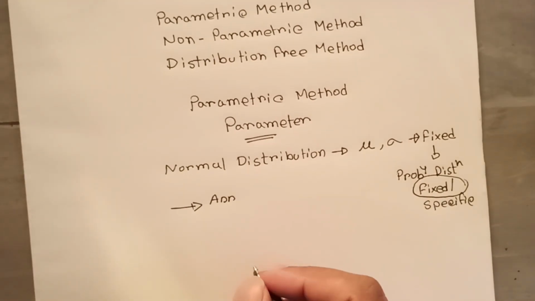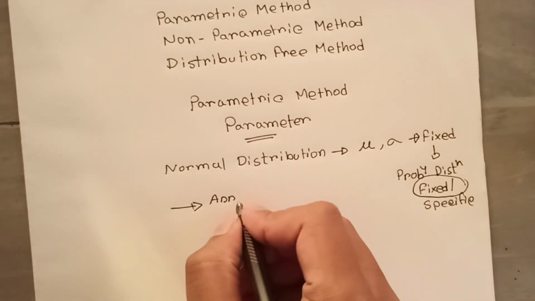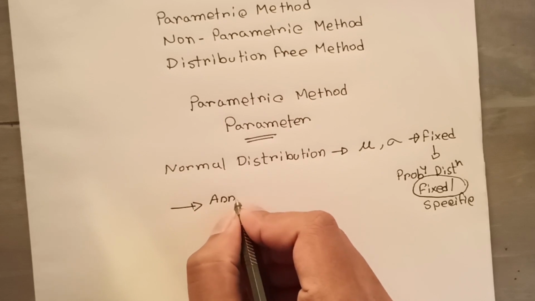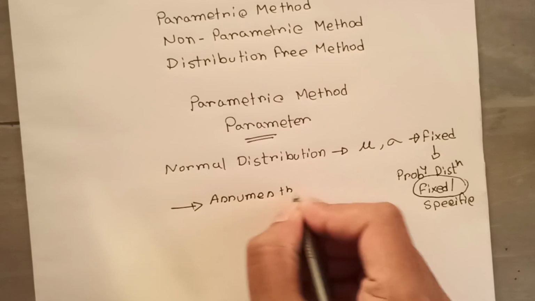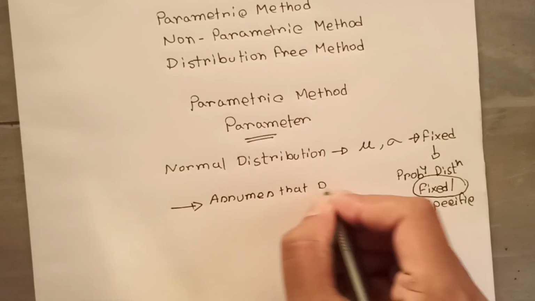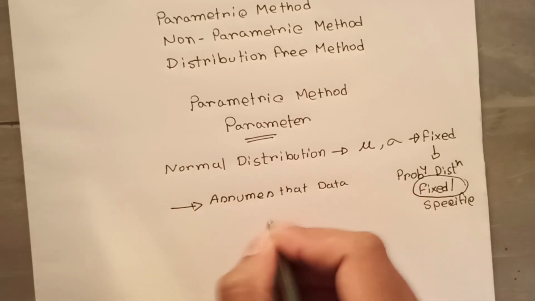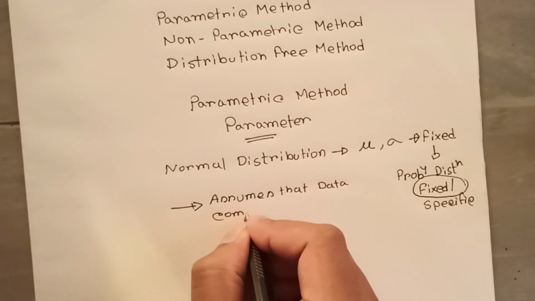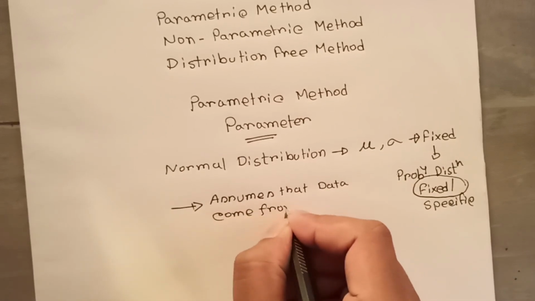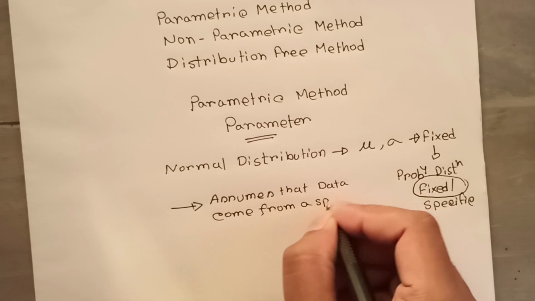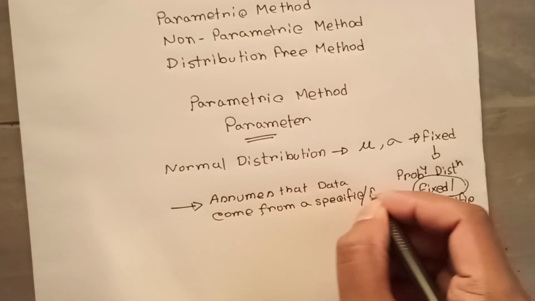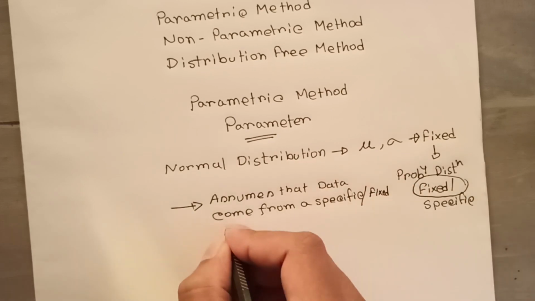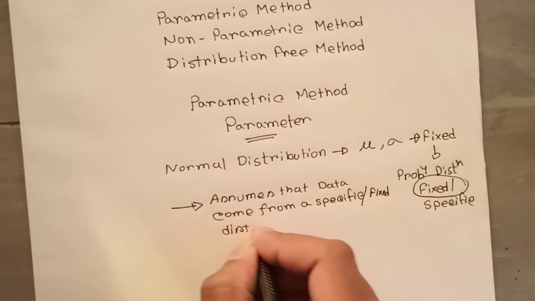So in the parametric method, it assumes that data come from a specific, fixed distribution.